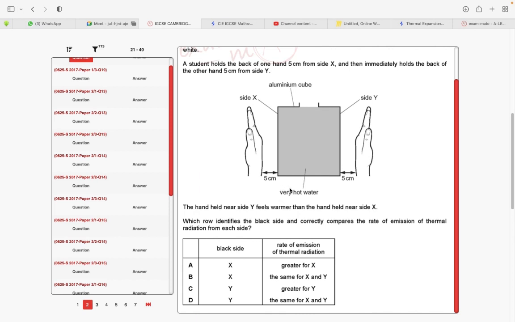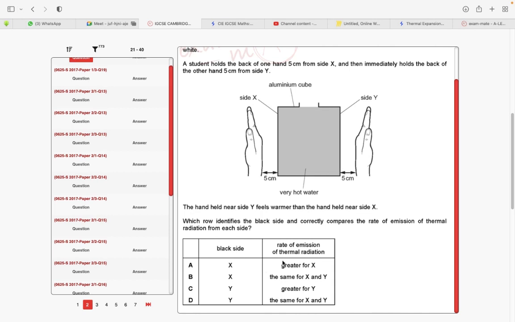Wait, we're supposed to choose the black side, so the black side will be X. Because X absorbs it, but Y reflects it, so the hand will feel the heat. The hand that feels warmer is the one where the heat is being reflected, right? Yeah. So X will be the black side.